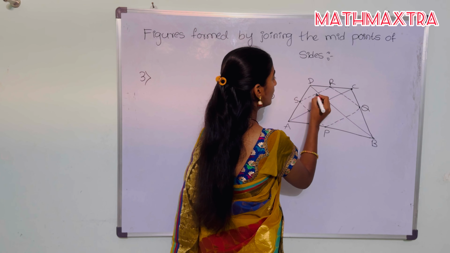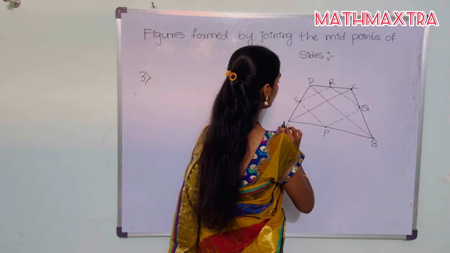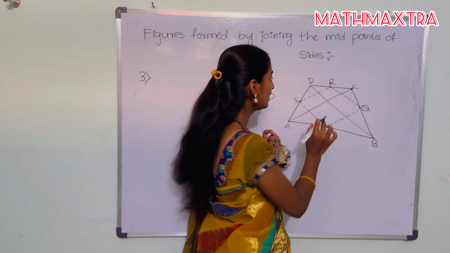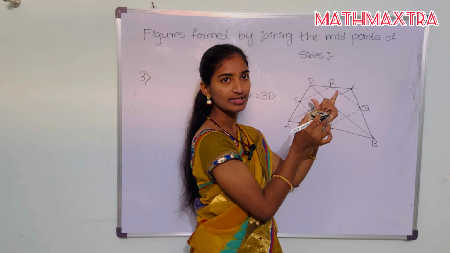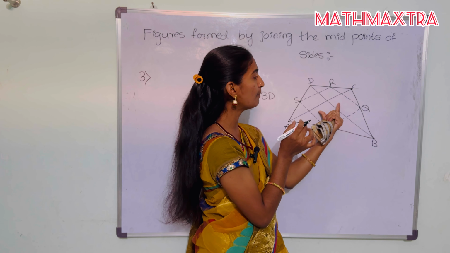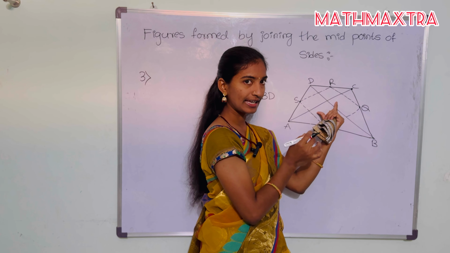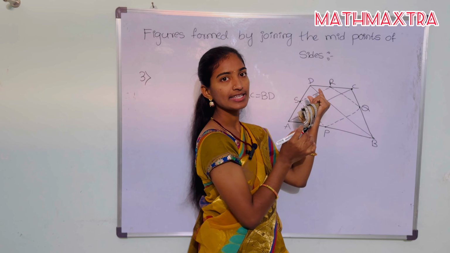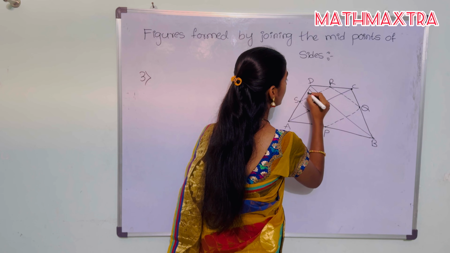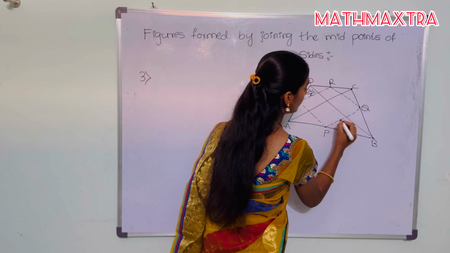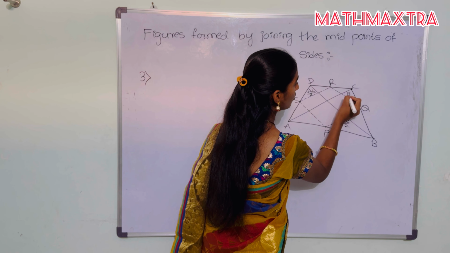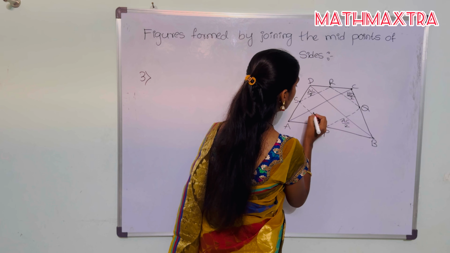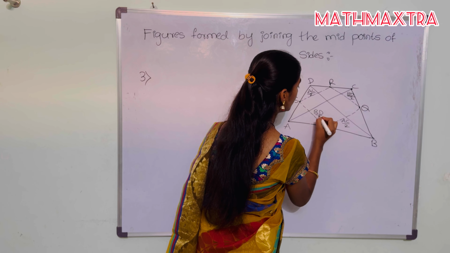That is why, see, if you consider triangle ADC and we are joining the two midpoints of two sides of a triangle, this will automatically be parallel to the diagonal AC as well as exactly half of it. Yes, AC by 2. Similarly, this is also of length AC by 2, and just now we have seen that this is BD by 2 and this is also BD by 2.